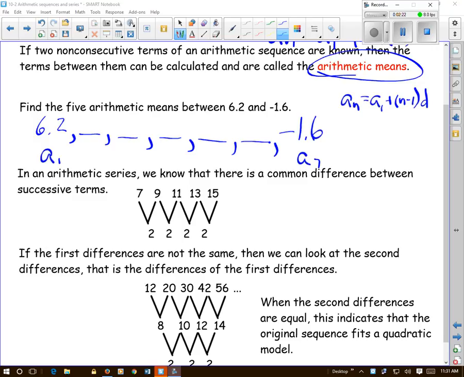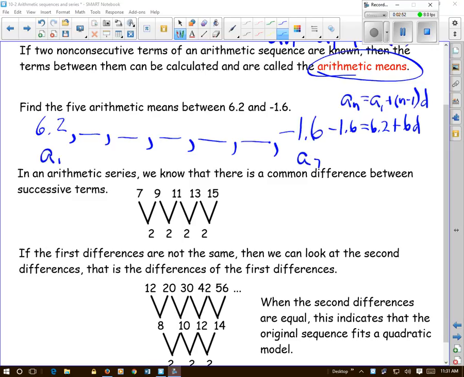So our a7 is negative 1.6, equals 6.2 plus n minus 1, and n is 7, so n minus 1 is 6d. So we just need to solve that little equation.